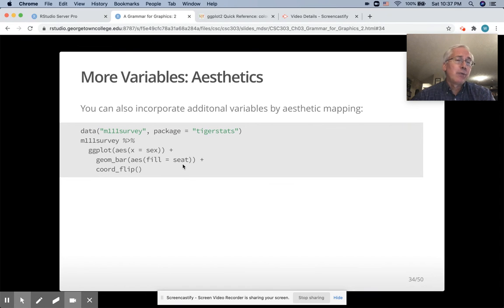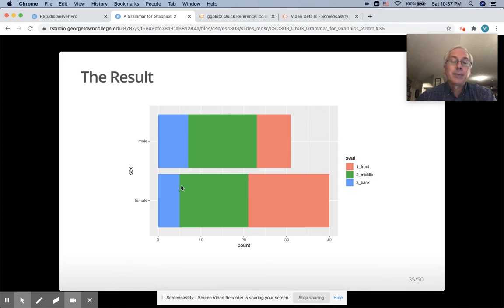We remember that we've got front, middle, and back. So we're going to fill in our bars with seat responses. And then coord_flip is going to, instead of having the bars arranged vertically, arrange them horizontally. So let's take a look at this.